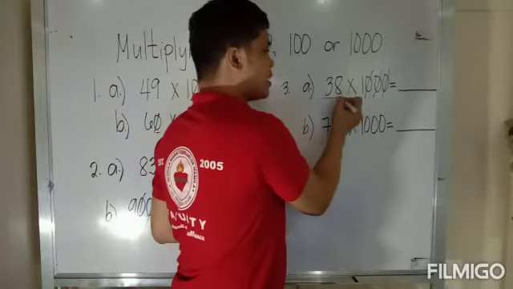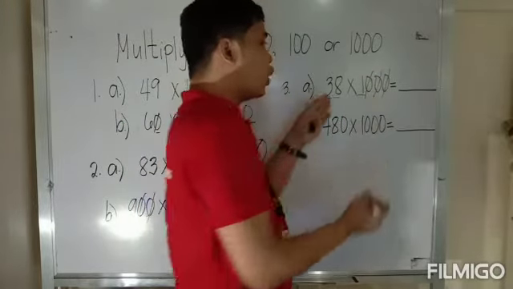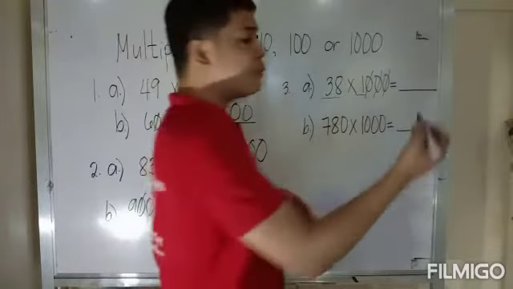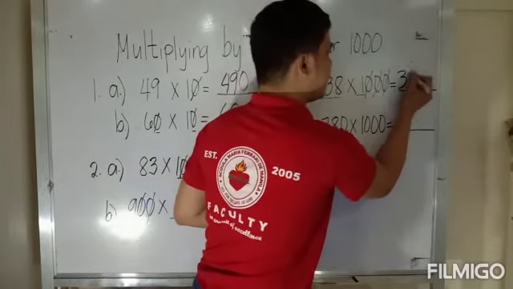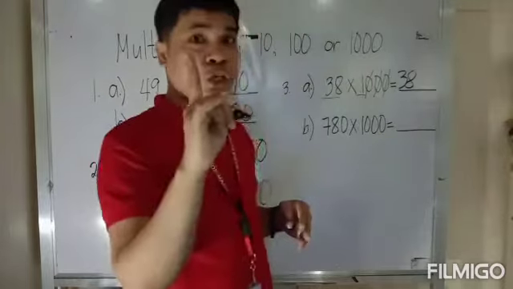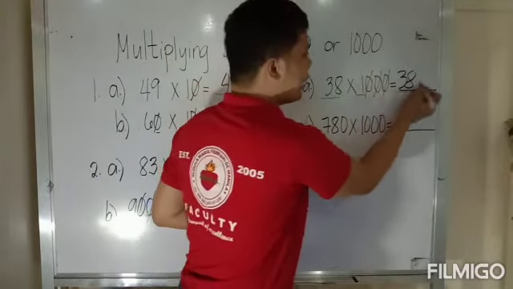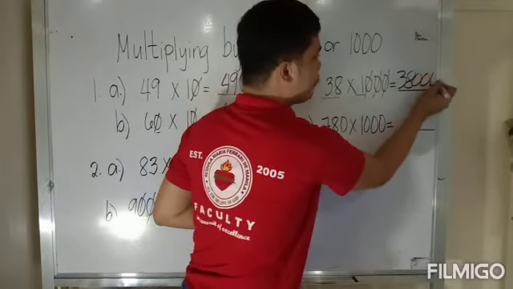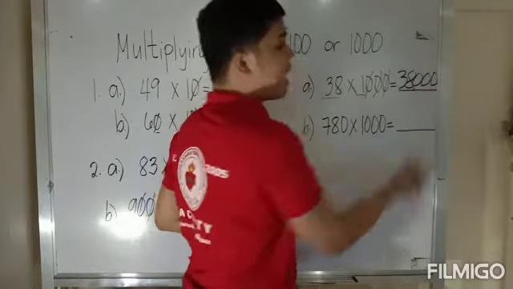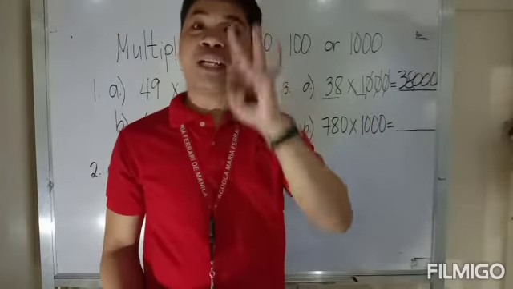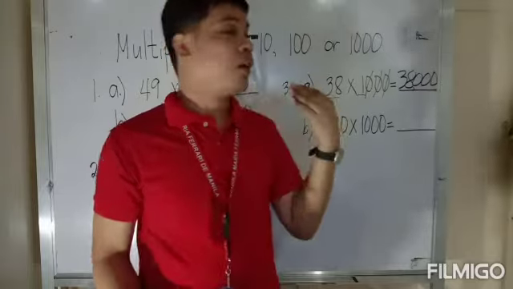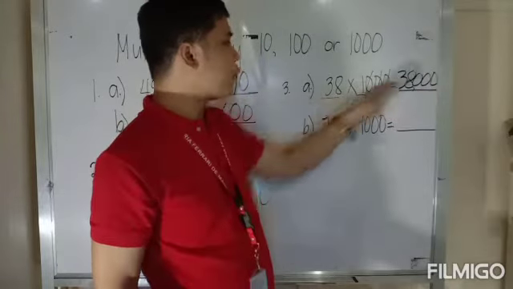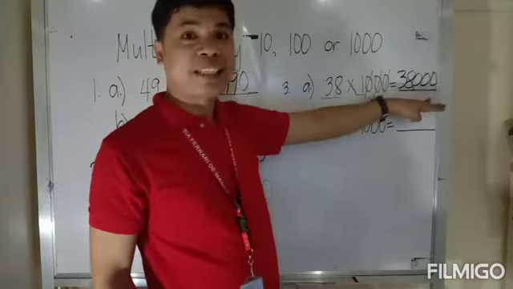Multiply the non-zero digits. So 38 times 1 equals 38. And the zeros, you copy: 1, 2, 3. Then you put a comma after every 3 digits. So the final answer of 38 times 1,000 is 38,000.